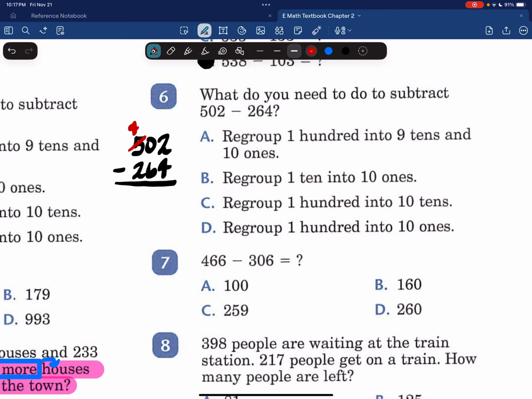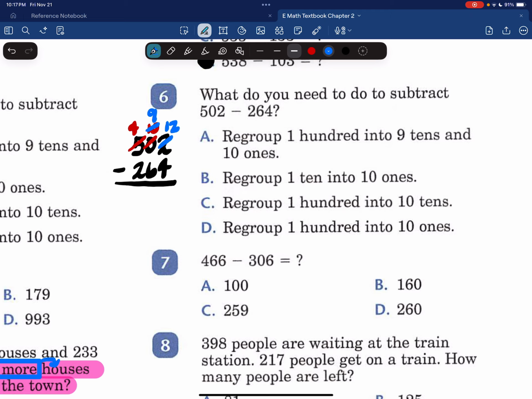I'll take one of those, share with that one, and then I'll turn around and take one of those to share with that one. So what did we do? We regrouped 100 into 9 tens and 10 ones. We had to regroup twice.